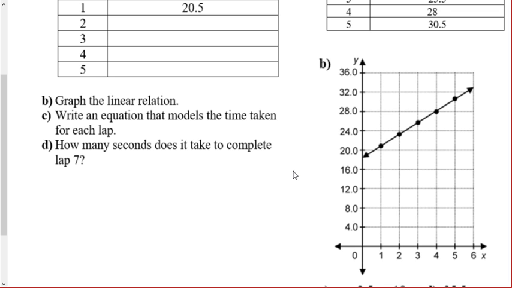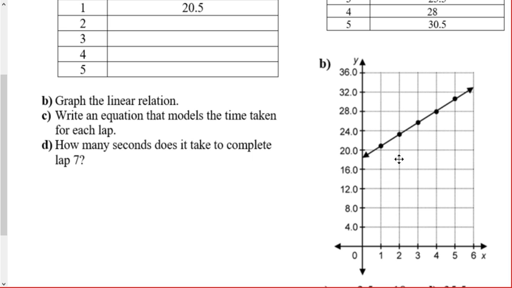Now, to write an equation, we're going to need to know a couple of things. To write an equation, we're going to need to know what is his slope and what is his y-intercept. Okay? What is his slope and what is his y-intercept?